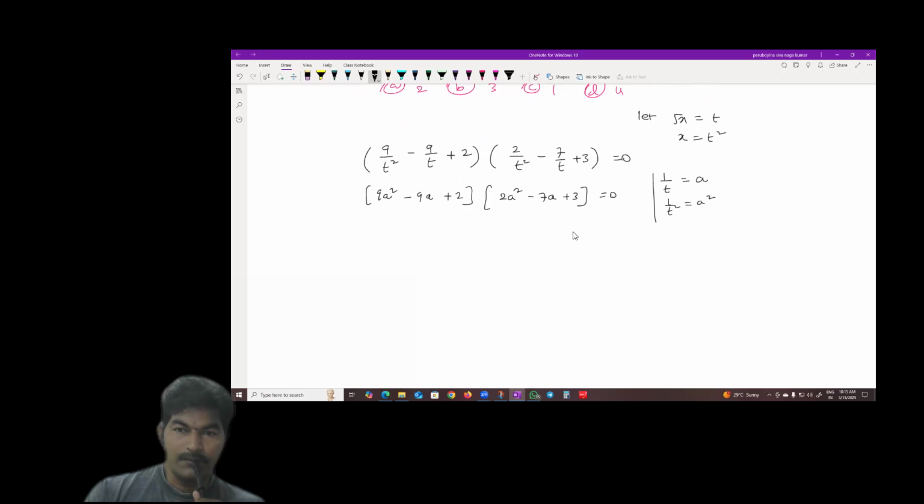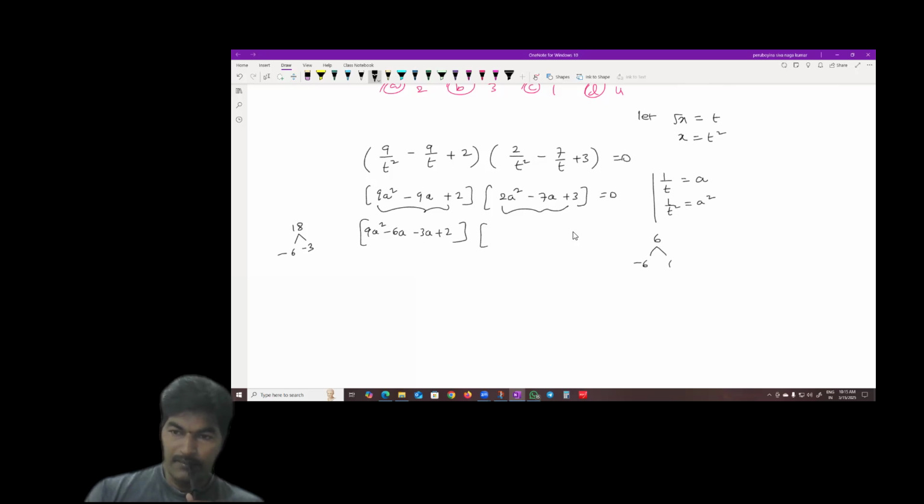Try to figure out the factors of these two individual equations. 9 twos are 18. We have to get 9. So 6 and 3 are valid factors. So you can write 9a square minus 6a minus 3a plus 2. And for here, 2 threes are 6.